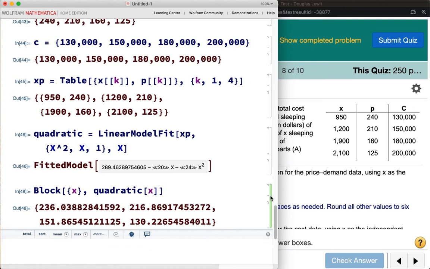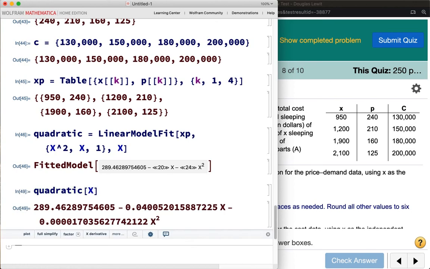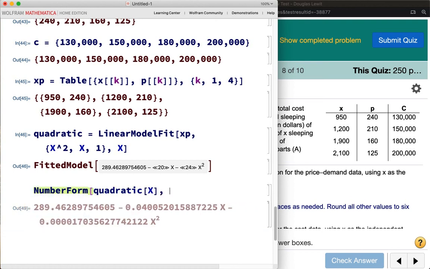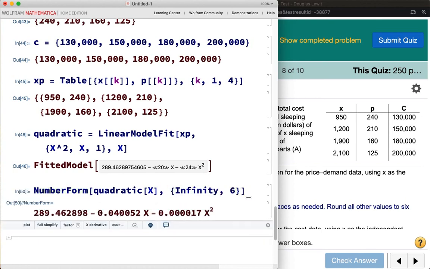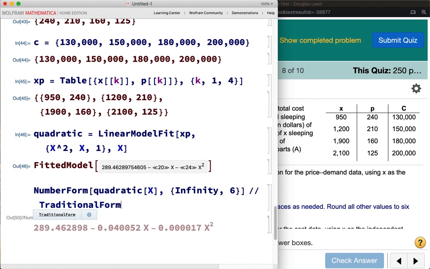So I have to use another variable. Quadratic of large X. Okay, fantastic. So I'm going to round everything to 6 decimal places. Number form, infinity 6. Traditional form.